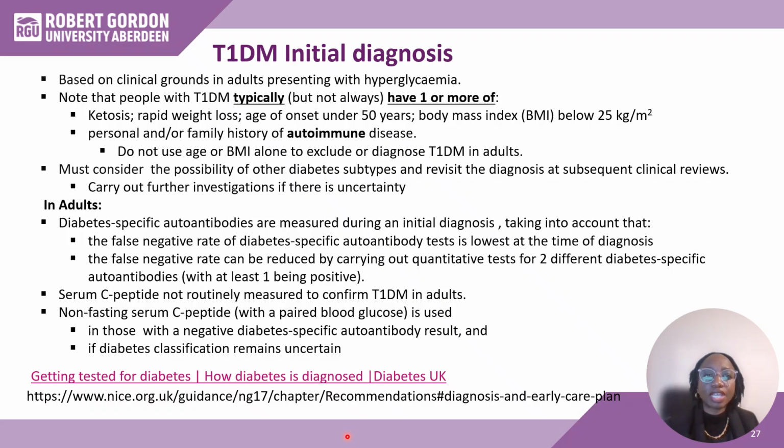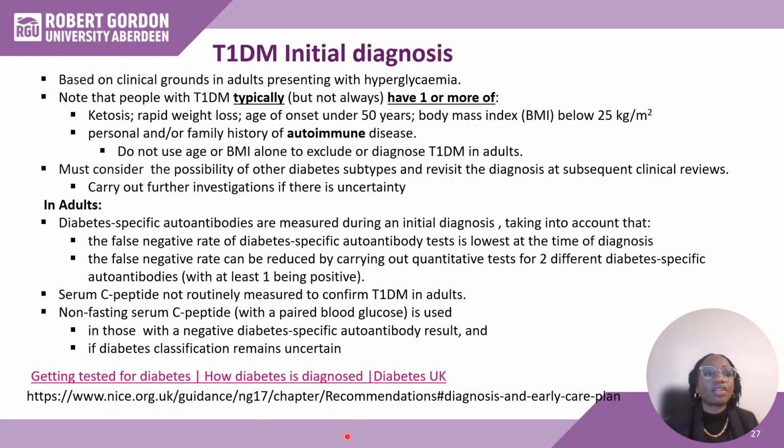But do not use age or BMI alone to exclude or diagnose type 1 diabetes in adults. That's really important. You must also consider the possibility of other diabetes subtypes and revisit their diagnosis at subsequent clinic reviews. Further investigations should be carried out when there's still uncertainty.